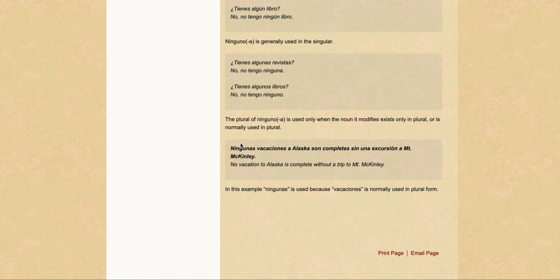If it's masculine, it's ningunos. In feminine it would be ningunas, right? So ningunas vacaciones a Alaska son completas sin una excursión al Mount McKinley. So no vacation to Alaska is complete without a trip to Mount McKinley. In this example, ningunas is used because vacaciones is normally used in the plural form, right?